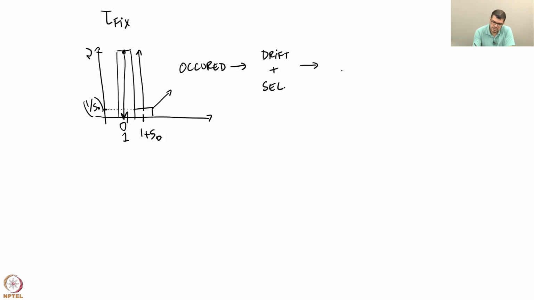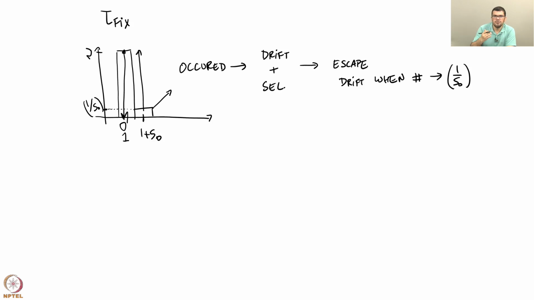So this was able to escape drift when numbers reach 1 by S naught. We will assume that we are starting this calculation only when this mutation has been able to escape drift, because beneficial mutations were occurring before this also, but they were not able to escape drift.